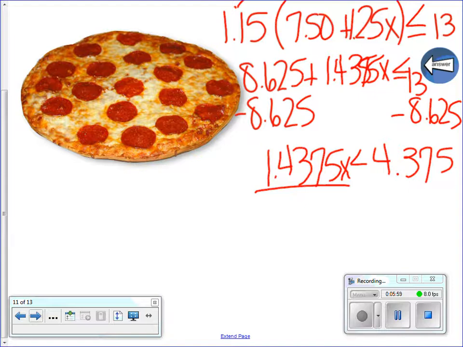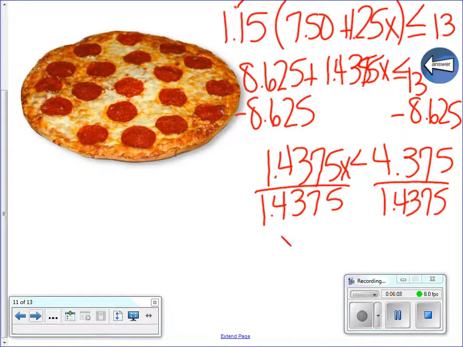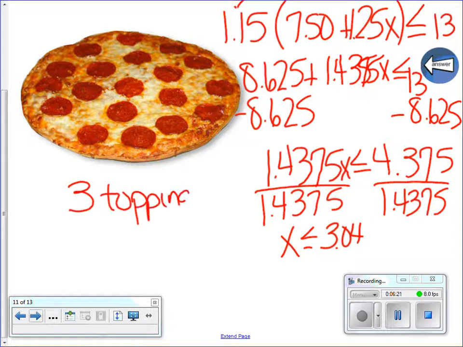Now divide both sides by 1.4375. And I get x is less than or equal to 3.04. And that means that I can put 3 toppings or less on the pizza. So it says I can get 3.04, but I can't get 0.04 of a topping.